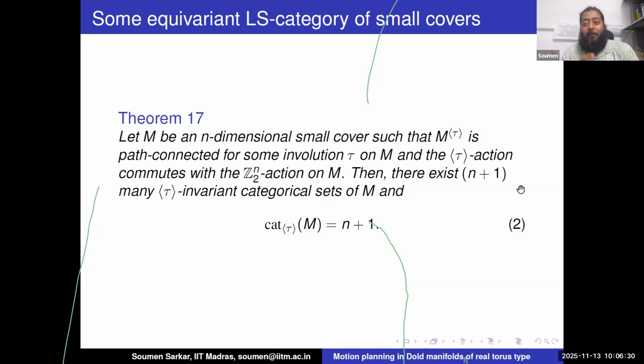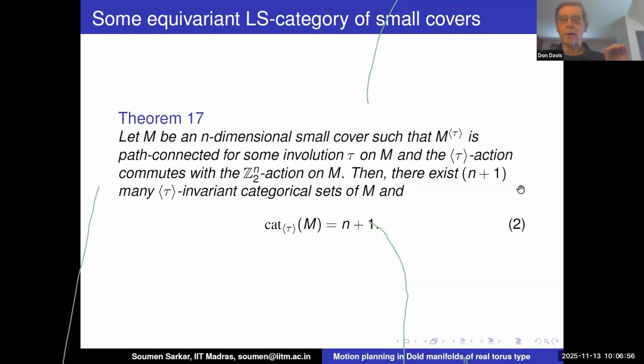Yes, actually. And Don, if you have any of the extra conditions that Soumen places in different theorems, does that help you at all? Well, I don't understand small covers that well. I know the cohomology of the generalized real Bott manifolds, and I can work with that.